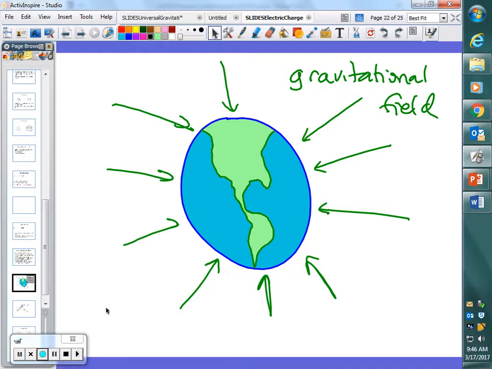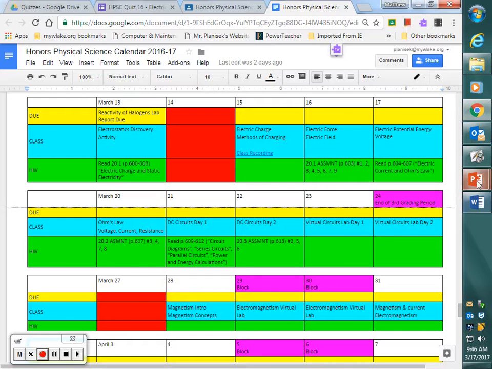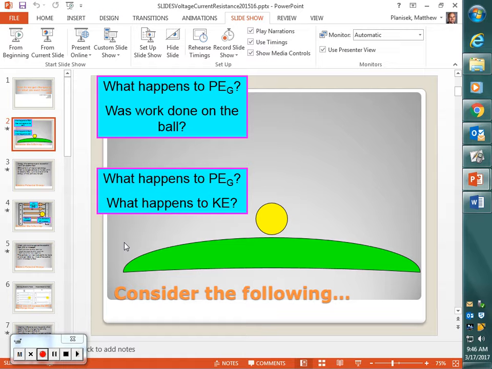The arrows represent the gravitational field lines. We said the field lines are representing what would happen to objects. So gravitational field lines always point towards the center of the Earth. Getting back to this.